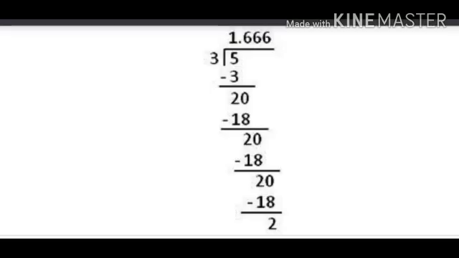As in the previous example, the number 6 was getting repeated again and again after the decimal. So, it's an example of recurring decimal form.